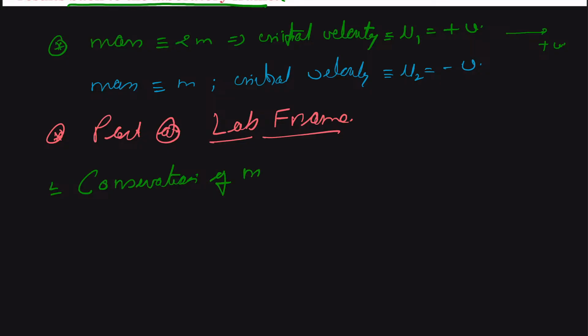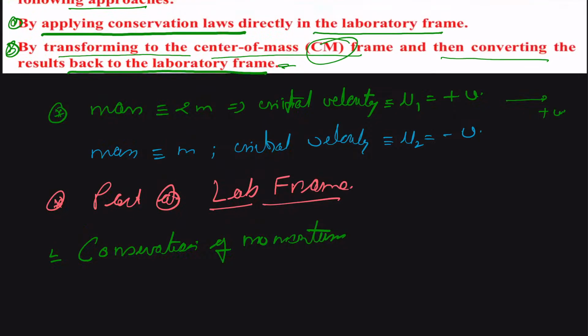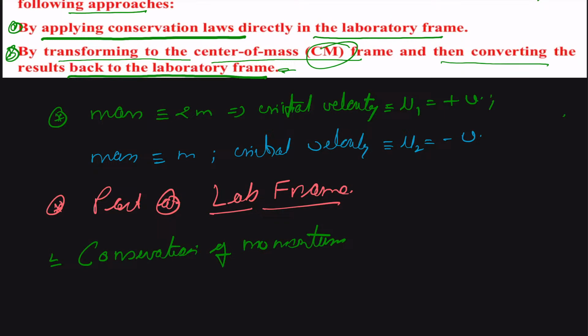Okay, here let us assume their final velocity also, that will help us. So the final velocity of our mass 2m is, let us suppose, v1, and for our mass m is, let us suppose, v2. Okay, so these two are our final velocities.